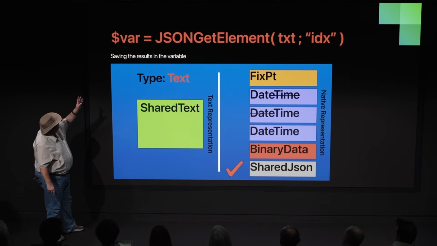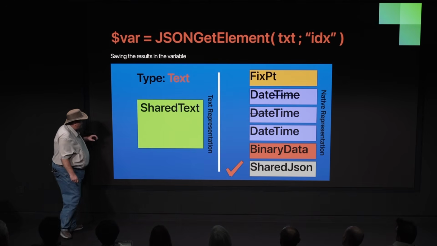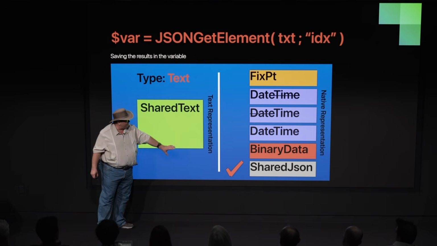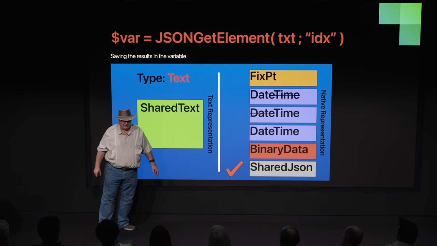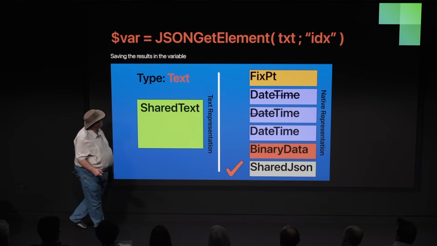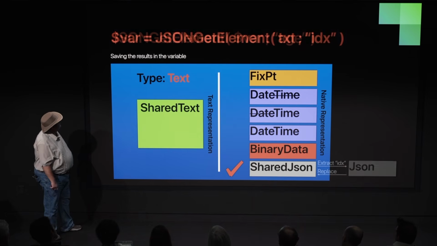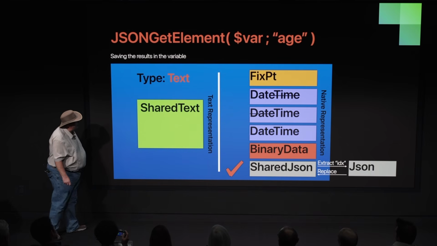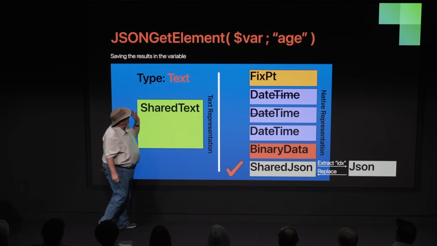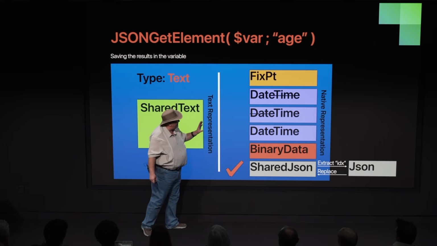So then we stuff it into the $variable. And just like before, like this fixed point version, there's no text hanging off the DB data object, but just the binary representation of the JSON. So if you then want to pull yet another sub-element out of what was in the $variable, it just copies the $variable into another DB data object.